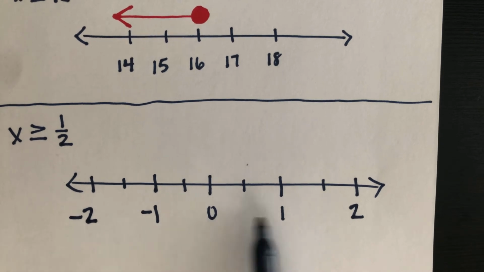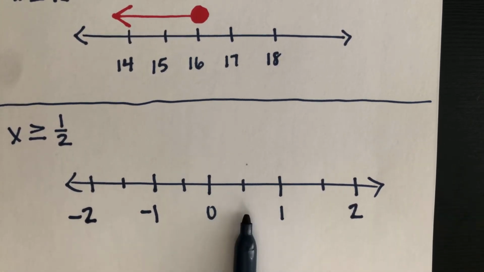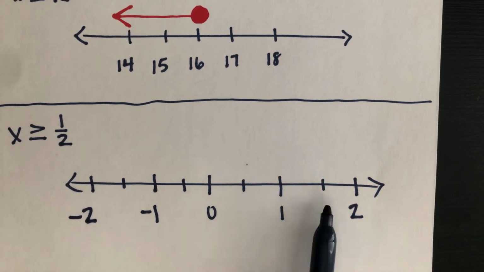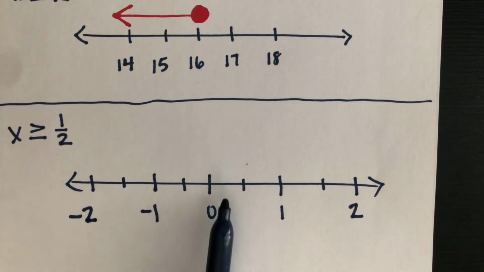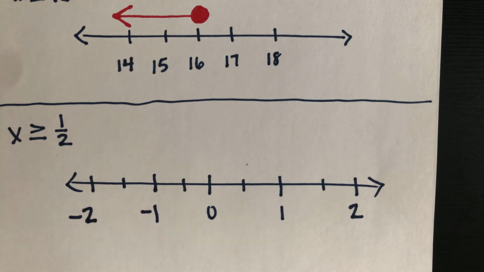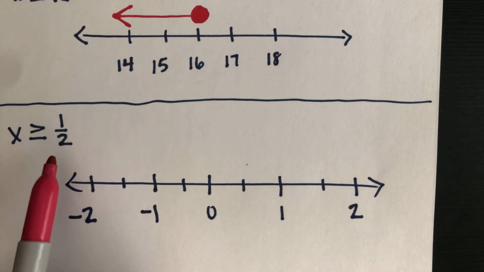Notice that the lines in between are not labeled, but I can look at that and confidently know that those are halves. These are broken into halves because they're in the middle. Just like if this was a 3, they'd be broken into thirds. If it was a 9, it'd be broken into nines. So it's x is greater than or equal to 1/2.